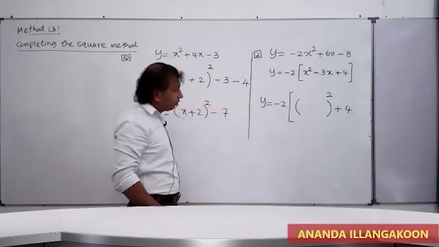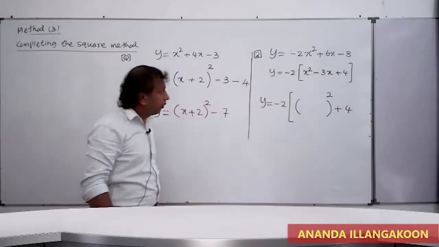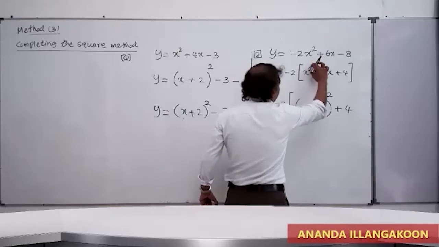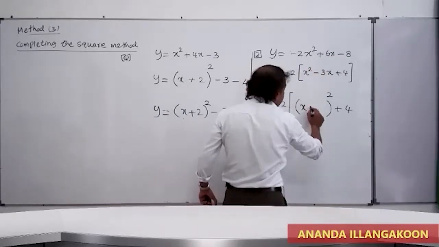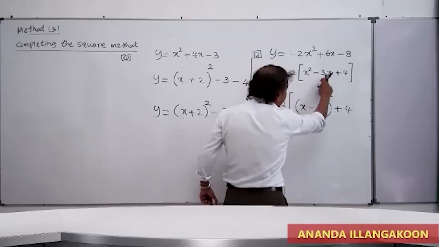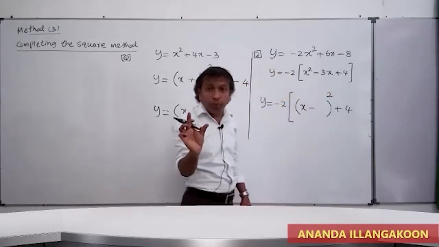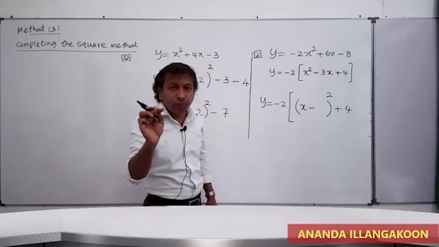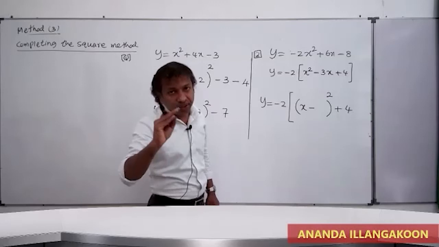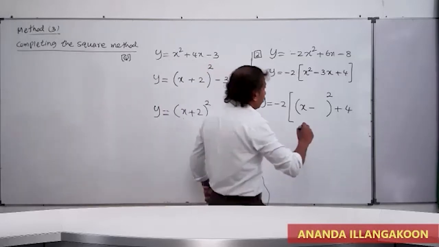People, what are the terms we write within the bracket? From this x squared, only this x, right? And the minus sign is there, no? Divide this x coefficient, it is 3, no? 3 divided by 2, which is 1.5. We'll write that the same way, 3 by 2.